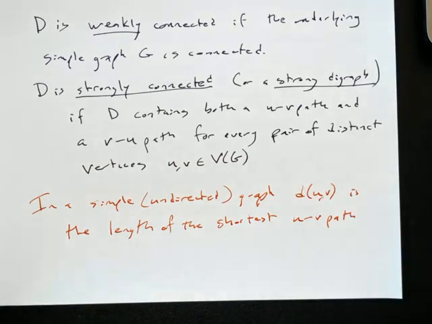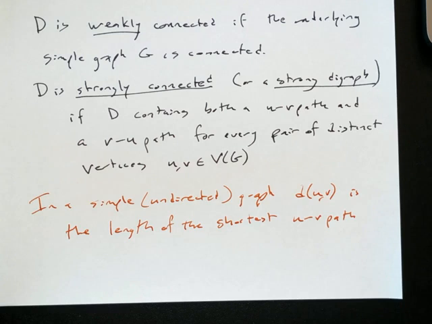And in an undirected graph, this was an equivalence relation. If I fixed a vertex and said measure from here, then you'd say, oh, all of these are distance 1, all of these are distance 2, and it was symmetric because if I could get there, I could get back.